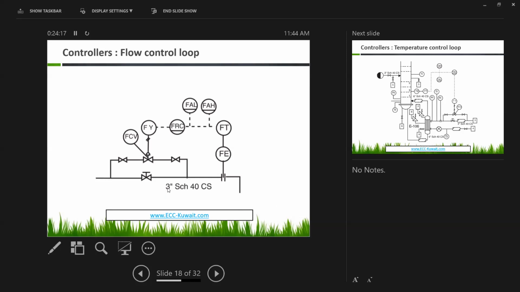Here we have 3-inch schedule 40 carbon steel. CS refers to carbon steel. This is the size of this pipeline. I will discuss this later, but for now, this is a control valve. We have two isolation manual gate valves, and we have a manual control globe valve. I will discuss everything about this arrangement later on in this class.